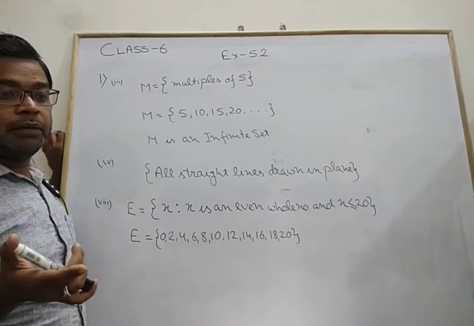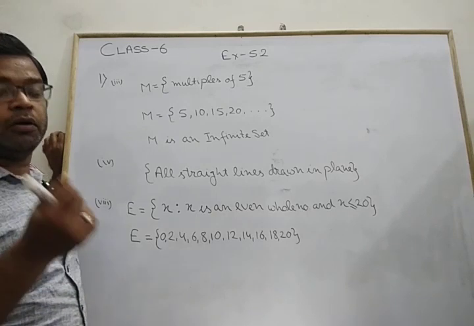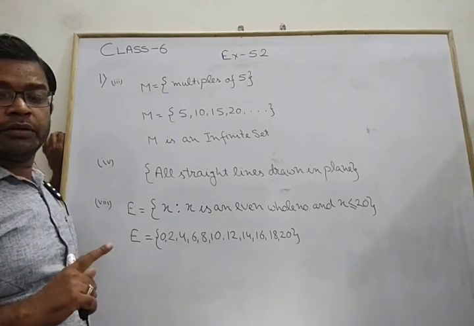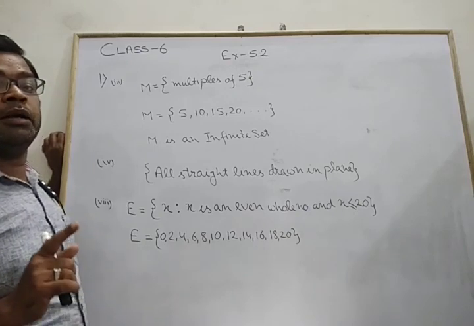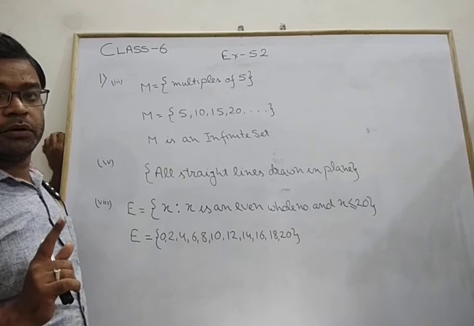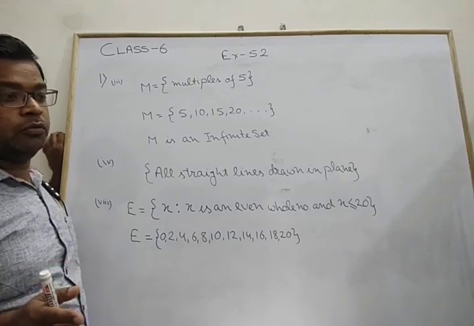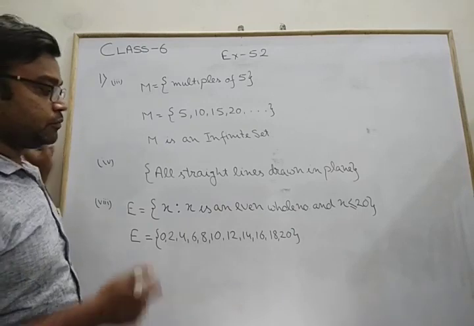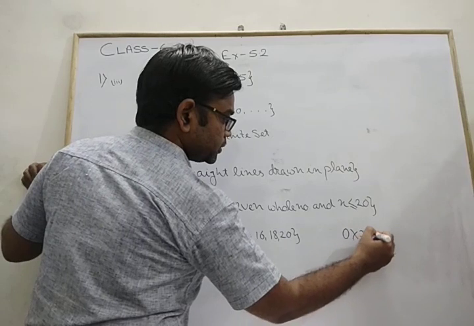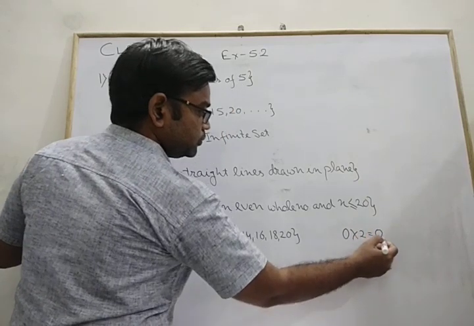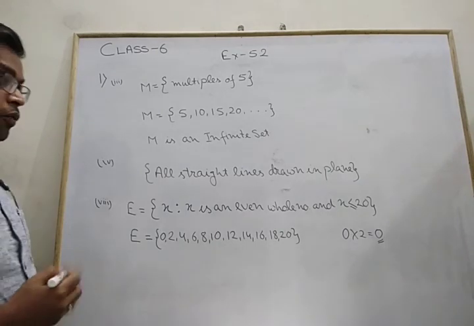Now, the definition of even or odd: all even numbers are multiples of 2. So when we say 0 into 2, it's 0. So from that definition, 0 is an even whole number.